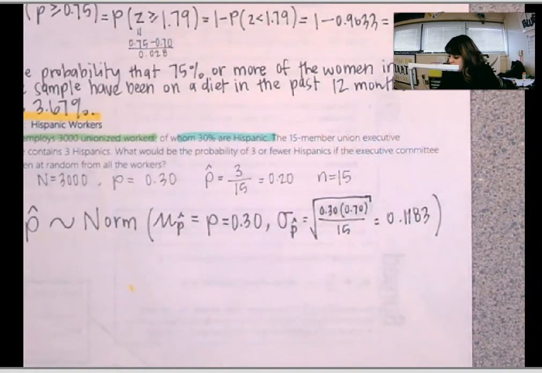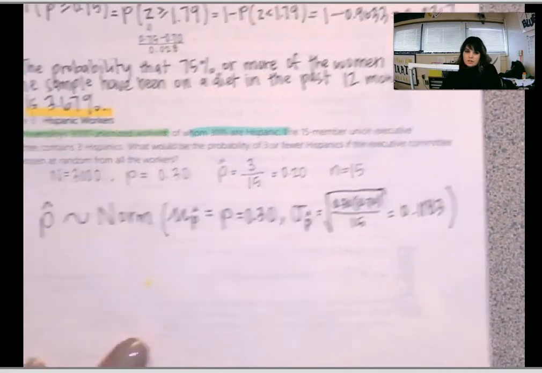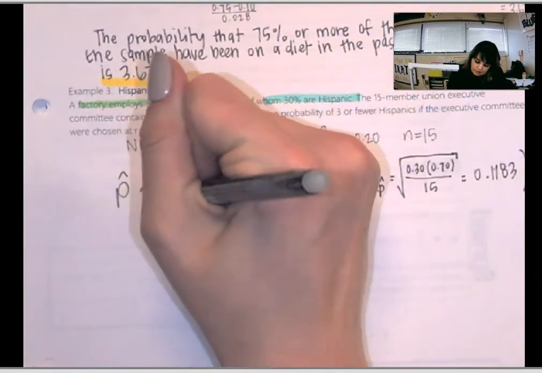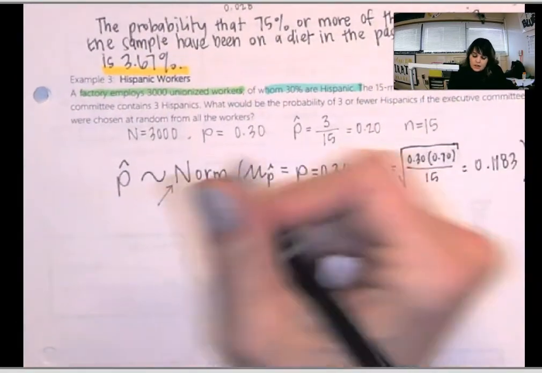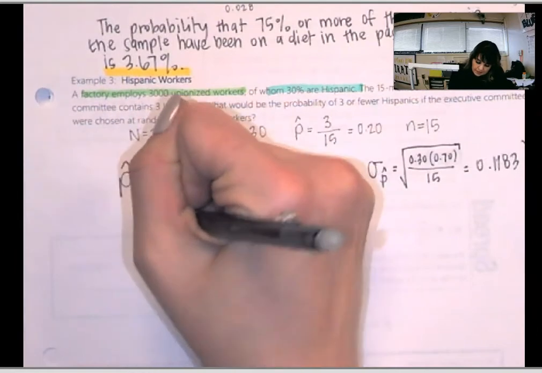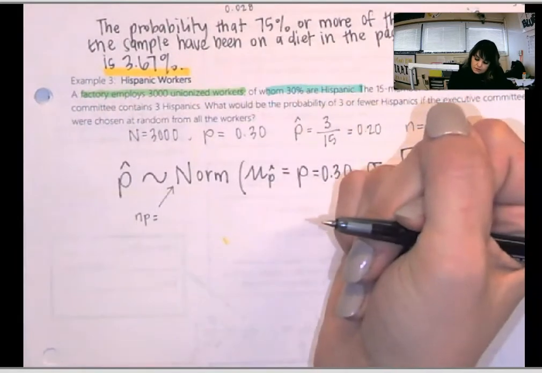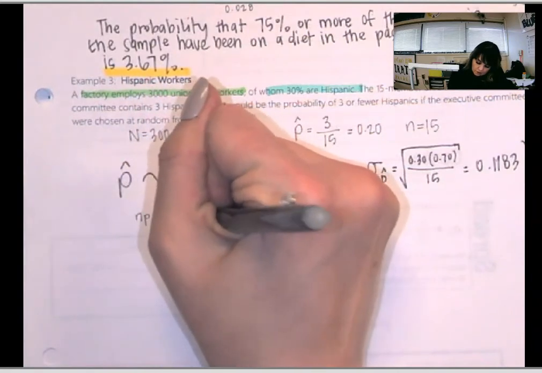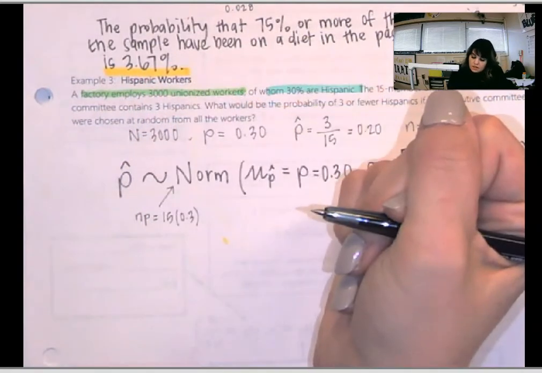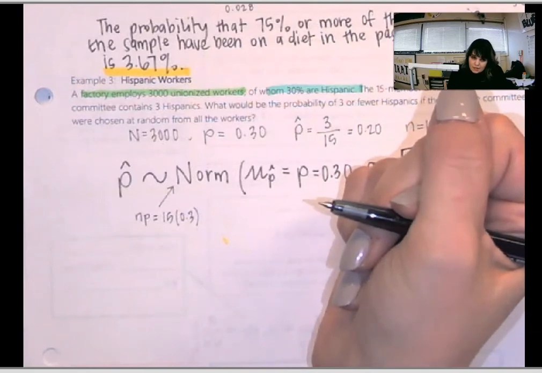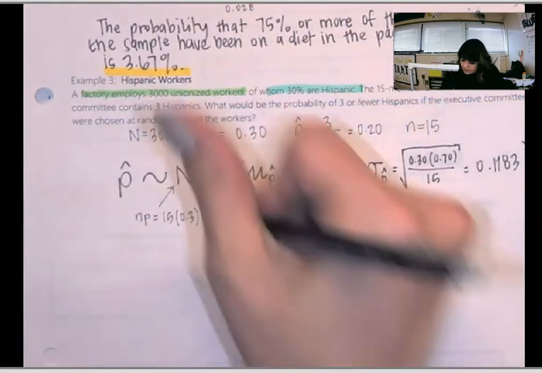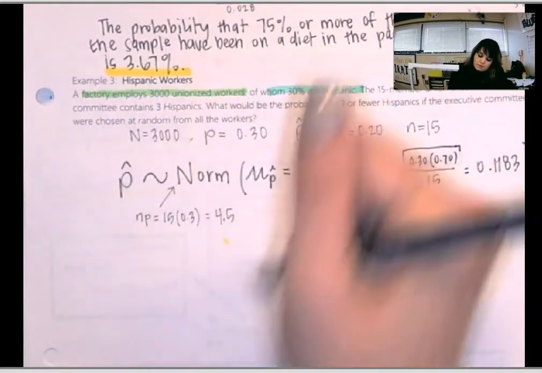Okay, now we got to go through and check our conditions. So this is normally distributed if large counts are satisfied, which means n times p, or 15 times 0.3, is greater than or equal to 10. Well, 15 times 0.3 is 4.5.